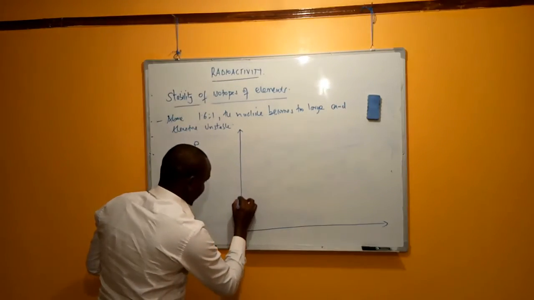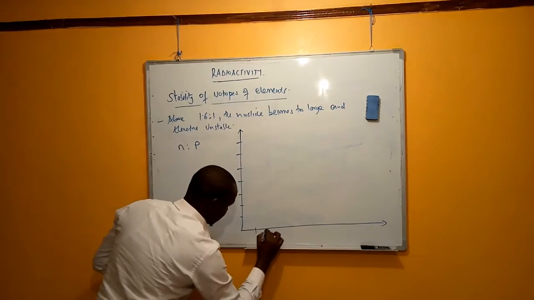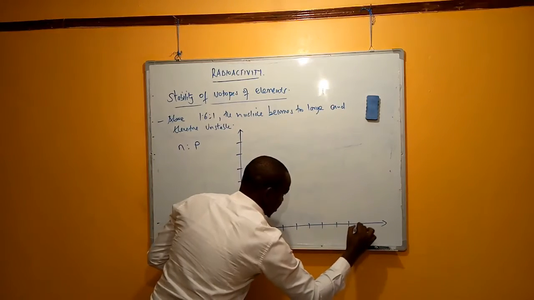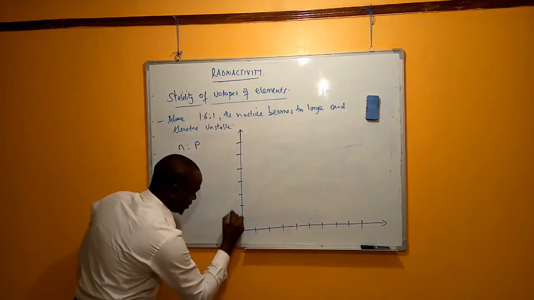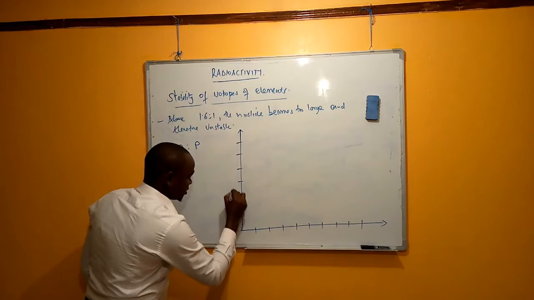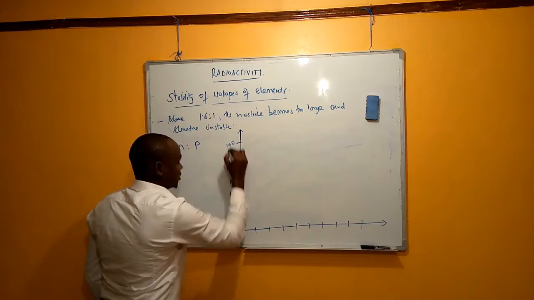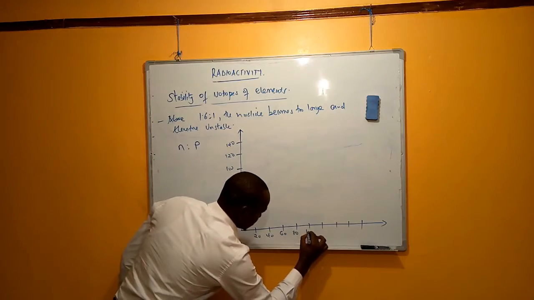Let me put our scale. This may not be very accurate because you can see I'm doing it on a whiteboard, but it's going to bring home the point. So 20, 40, 60, 80, 120, and 20, 40, 60, 80.